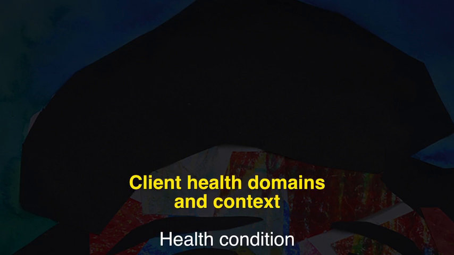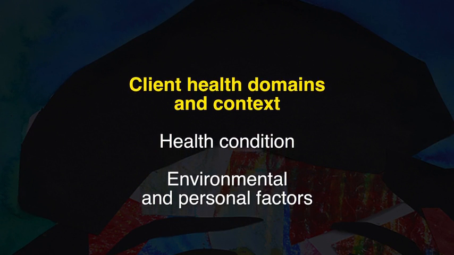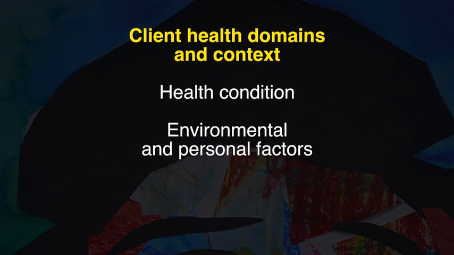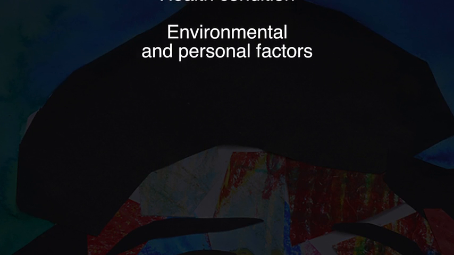Then, of course, case management also varies depending on the client or the case manager recipient's health condition, their environmental and personal context. So we can see that there is huge variability in case management with multiple interdependent and interacting components. So why is that a problem?